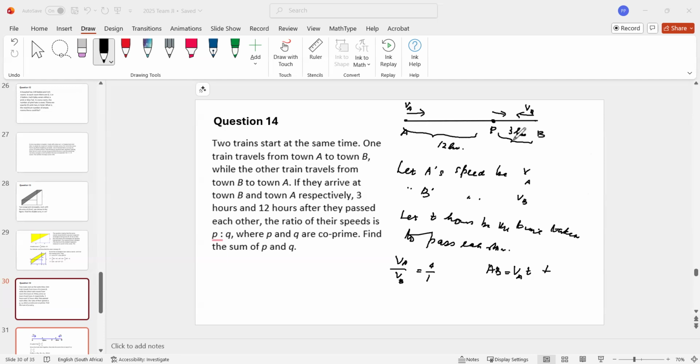And this way they meet at the same time. So this plus VB times T, that gives you these two distances, and that is equal to D, or the distance AB. So you have that T into VA plus VB is equal to AB.